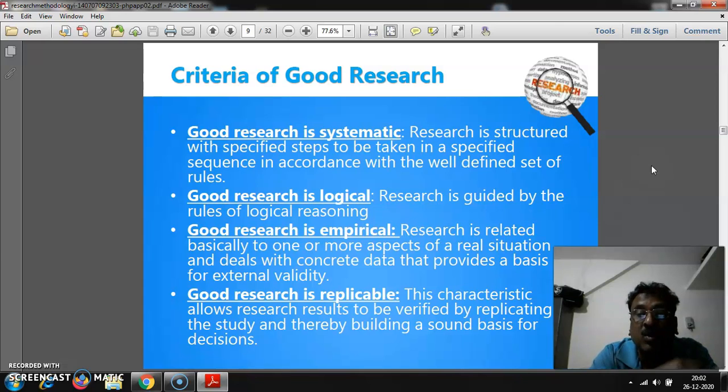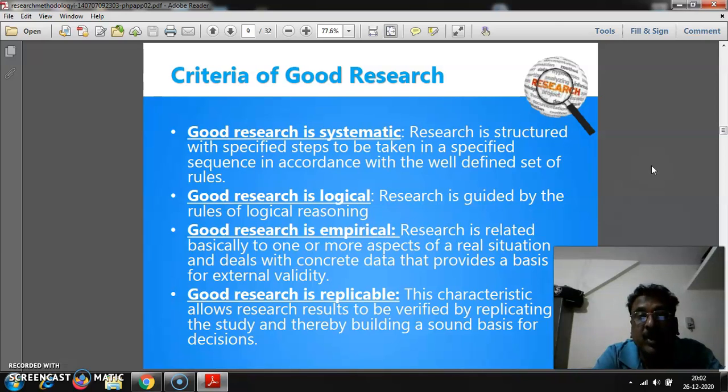It should not go away from the framework, so the scope is very important. Good research is logical. Research is guided by the rules of logical reasoning. We should not go like a horse while it is running. It should see all over, that is 360 degrees. Research is always called 360 degree. It is based on KM or knowledge management.